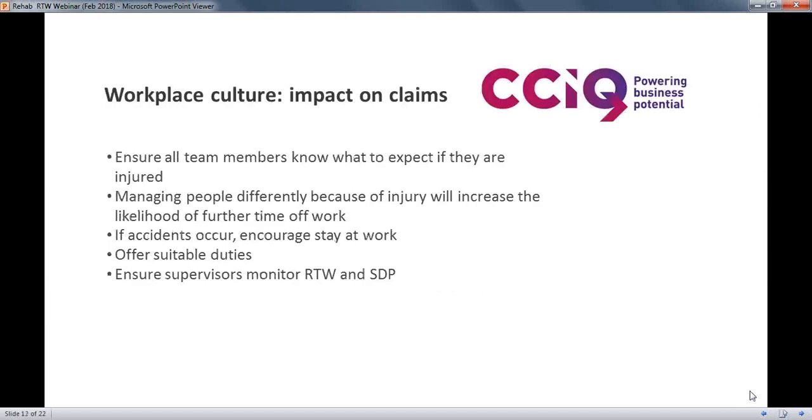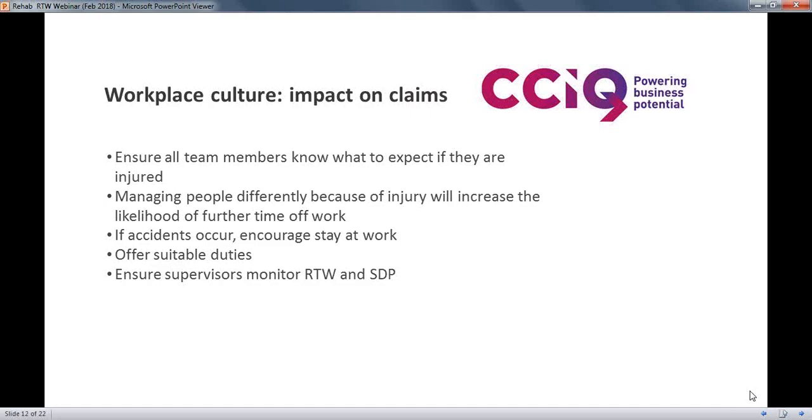So I will just touch on the next couple of points. Workplace culture. It's quite obvious, it's workplace culture and return to work, workplace injuries. It can be grounded in one way by businesses having a return to work policy, having policies and procedures in place.